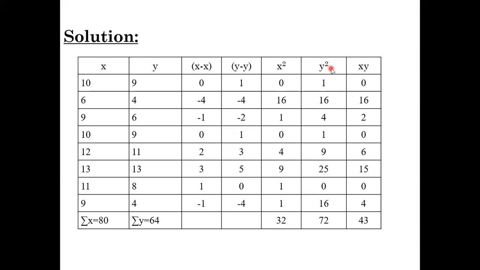Similarly, we have to calculate y square also. Now that we have found y, we change y to its square. 1 into 1, 4 into 4 is 16, 2 into 2 is 4, 1 into 1 is 1, 3 into 3 is 9, 5 into 5 is 25, 0 into 0 is 0, 4 into 4 is 16.